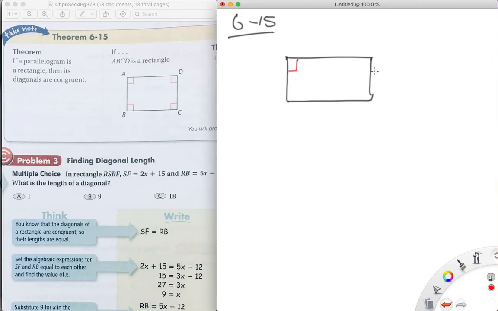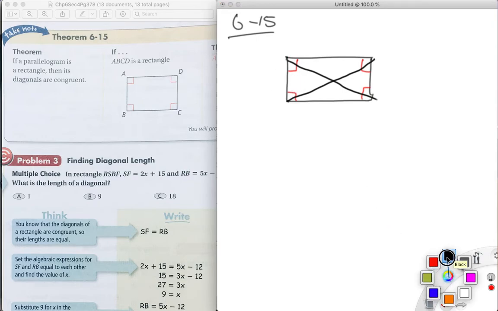I know it's a rectangle because they're all 90 degrees. If it's a rectangle and I have my diagonals, then I know the diagonals are congruent.